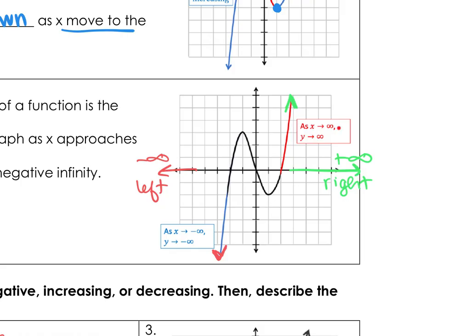So as x approaches positive infinity, what's the right arrow doing? As x approaches negative infinity, what's the left arrow doing? If it's pointing up, that means y is going to positive infinity. If it's pointing down, it means y is going to negative infinity. Okay? So let's practice.